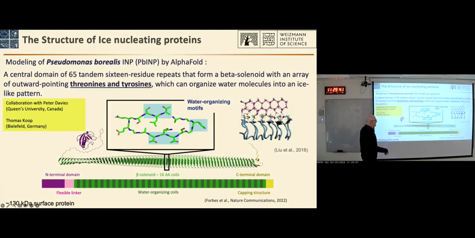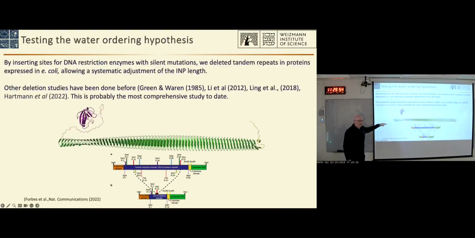We have here 65, and then the C-terminal domain. The way we went to study this, we did a lot of genetic manipulations to the protein, expressed this protein in bacteria, and then studied how these bacteria promote ice nucleation.